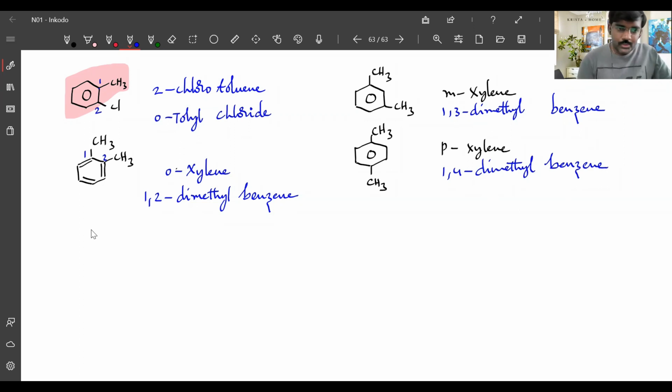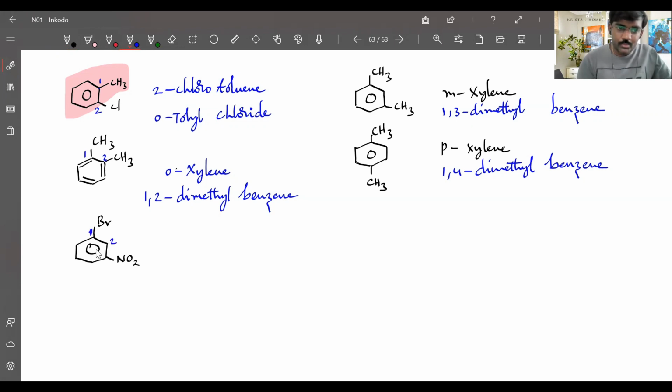Next, suppose I have a compound like this. This time I have bromine attached on the benzene ring and a nitro group attached on the benzene ring. Now if I want to give the nomenclature for this, according to the alphabetical order of the substituents, bromine is a substituent and the nitro group is also a substituent.